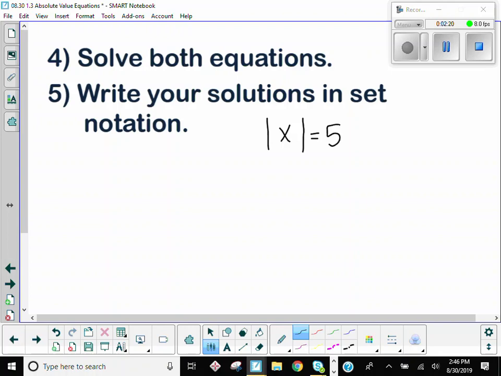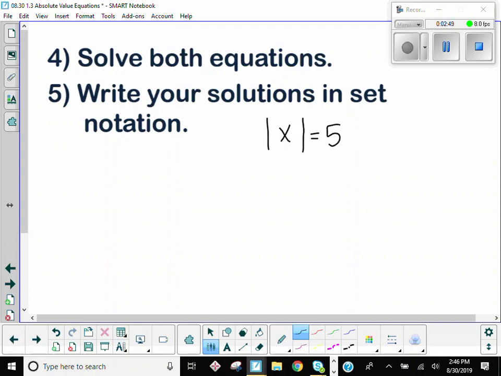Okay, that's okay. I'm glad you were thinking and trying. But what I'm really asking you here is, what two numbers, when you plug in for x, would satisfy this? So if I put 5 in here for x and took the absolute value of it, what would that give me? 5. And if I put negative 5 for x, took the absolute value, what would that give me? Positive 5. Because that's how far they are from 0.